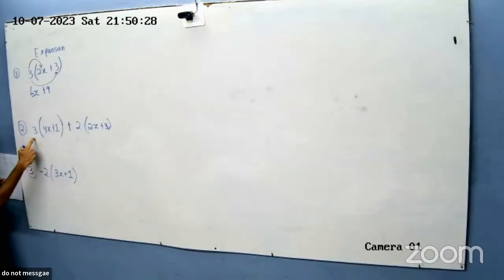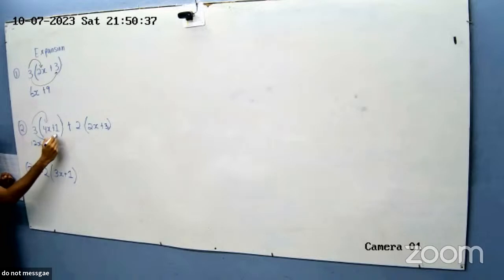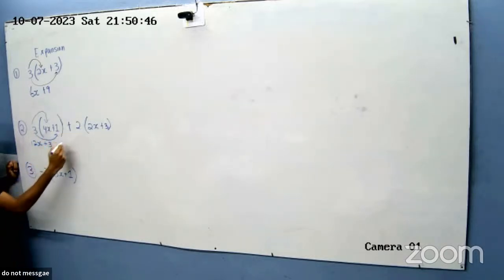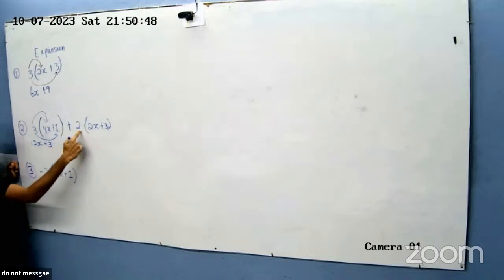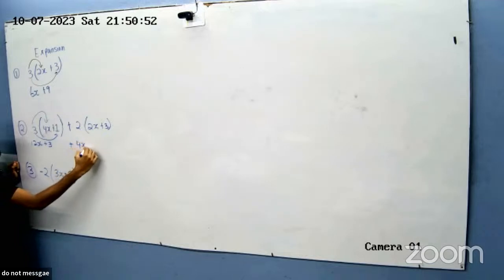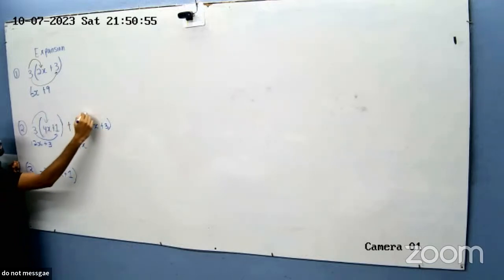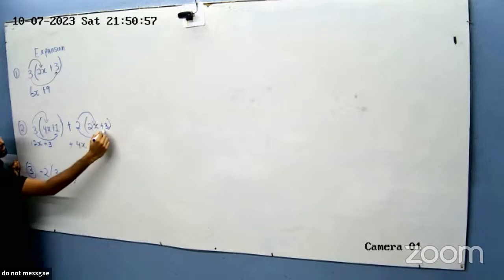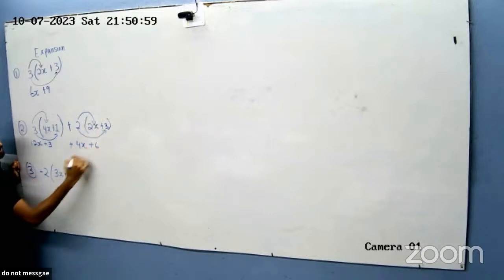All right, so we do 3 by 4x, we'll give it 12x. 3 multiplied by plus 1 gives you 3. So you finish here. We bring down the plus sign. 2 by 2x will give you 4x, then 2 by 3 gives you 6, right?